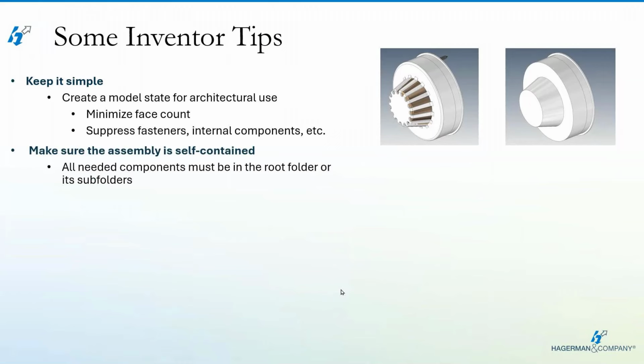I mentioned this before. Make sure everything is self-contained. So you start at that root folder, and everything that you need to have that assembly behave properly is in that root folder or subfolders underneath it. I think of the root folder as the tip of the iceberg. But again, not going outside to Content Center folders.